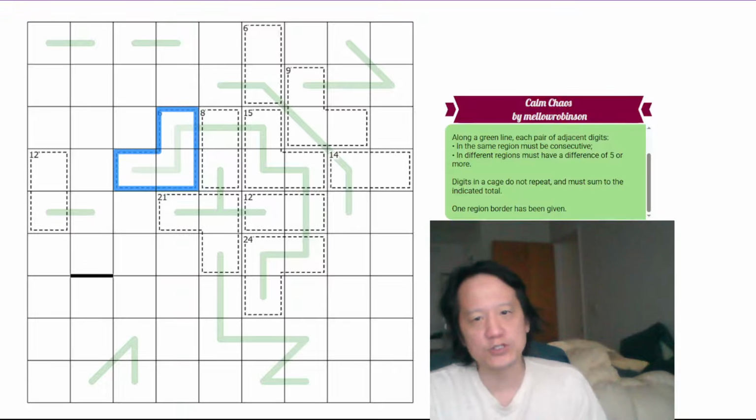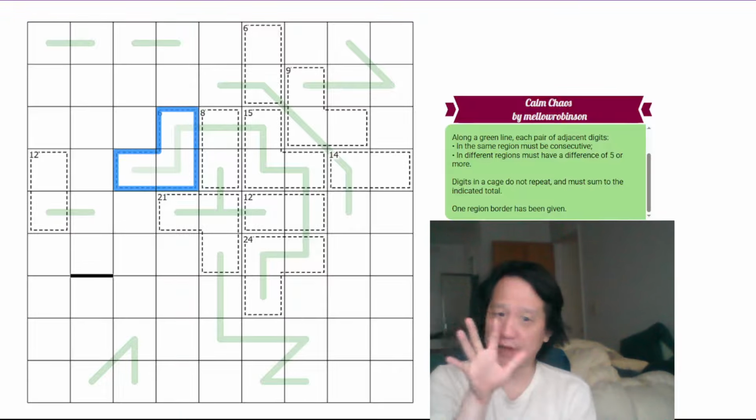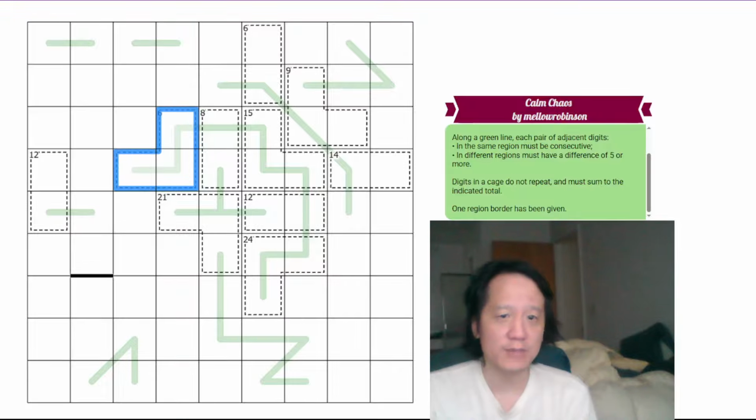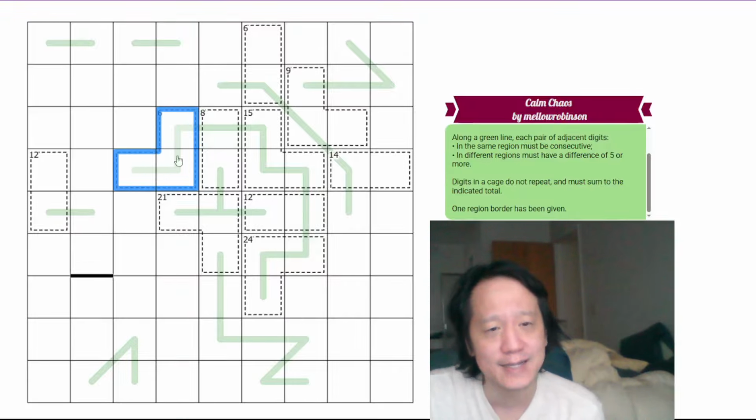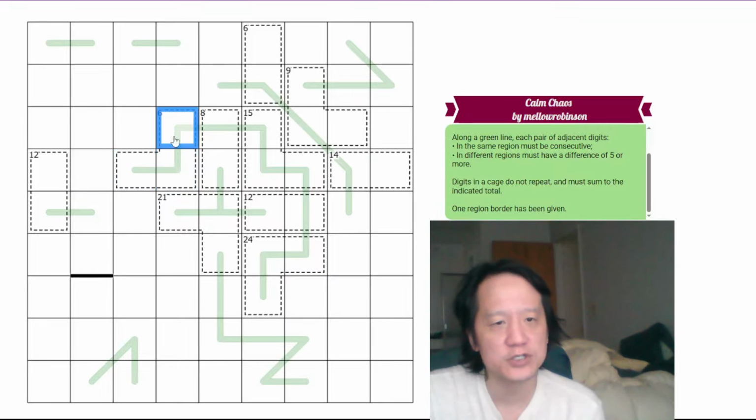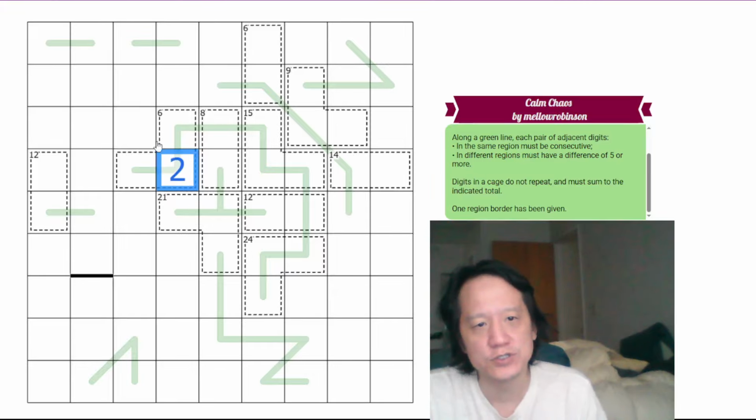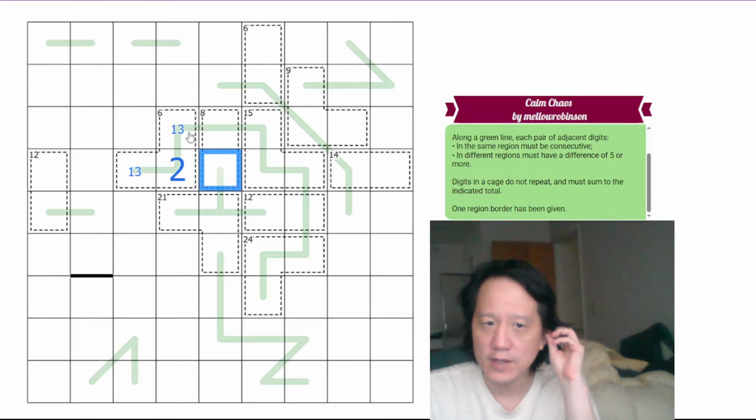So this must be 1, 2, 3. None of them are 5 away from each other, so that means these must be in the same region. They have to be consecutive with each other. The only digit consecutive with both is 2. So this is 2, which makes this a 1, 3 pair here. And these all are in the same region.